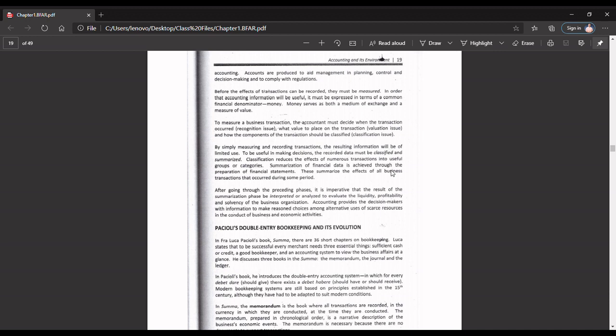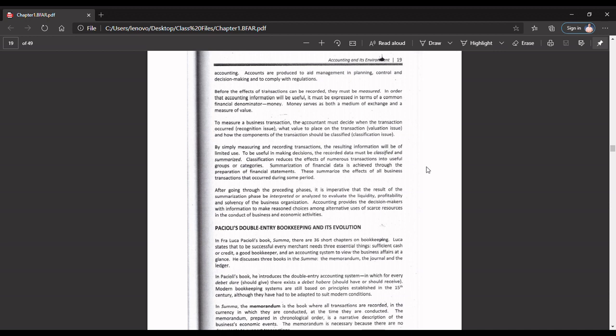While we classify, we move these transactions into groups or categories under the ledger. So recording involves the journal, while classifying involves the ledger.